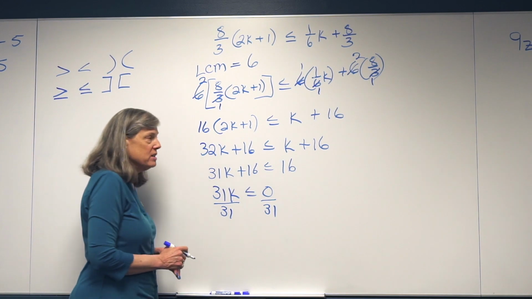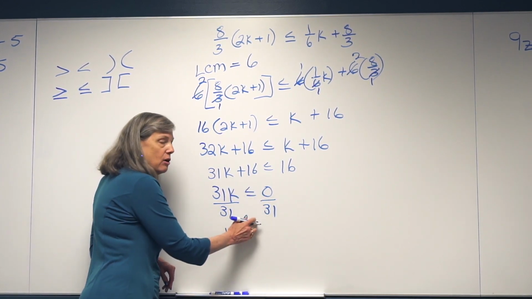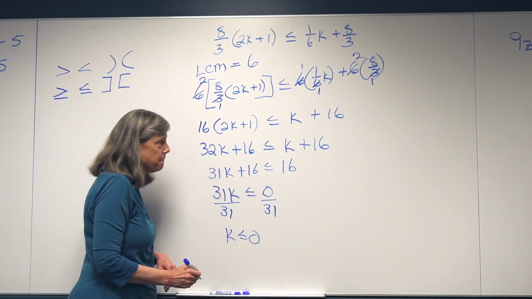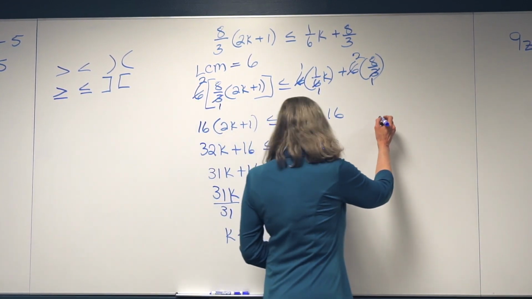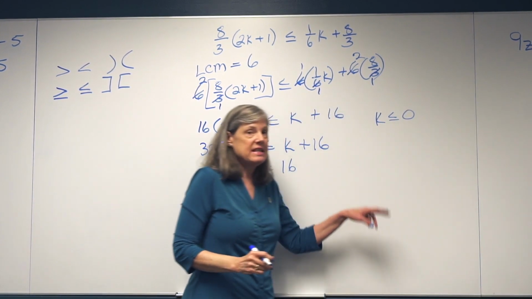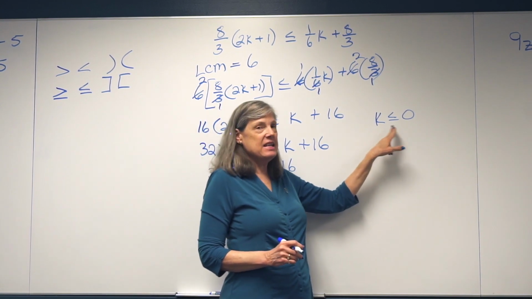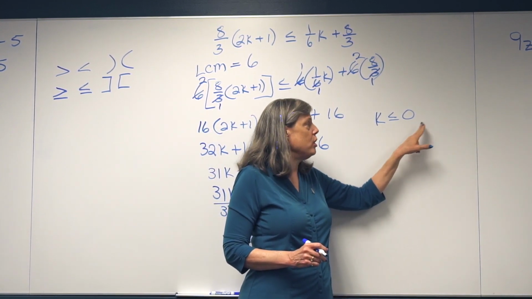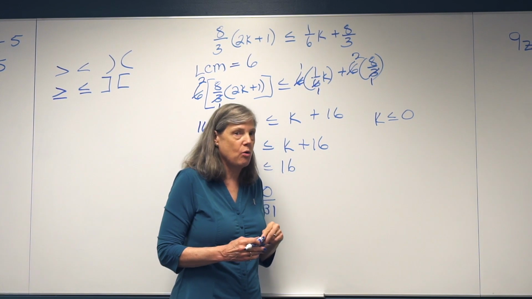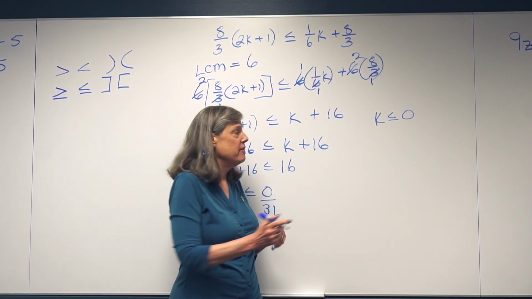If I do that on one side, I have to do it on the other. And 0 divided by 31 is 0. Okay? I'm going to rewrite this up here. K is less than or equal to 0. Okay, another way to say that, K is smaller than or equal to 0.